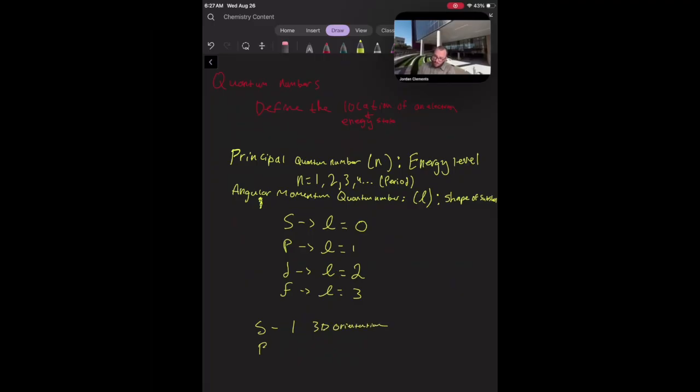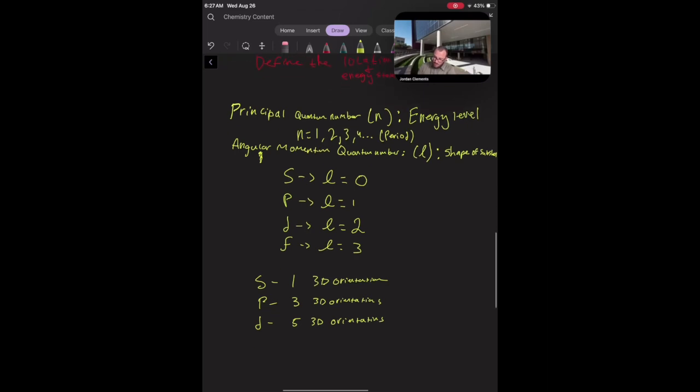We said p could have 3 3D orientations. d could have 5 3D orientations. And f could have 7 3D orientations. So these 3D orientations of a specific orbital are going to be known as the magnetic quantum number.